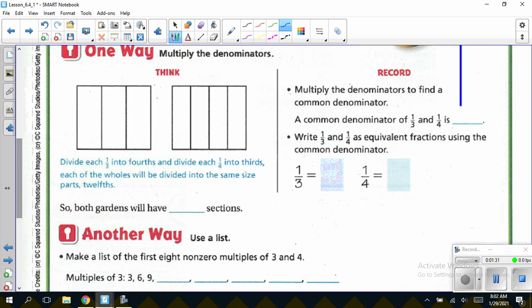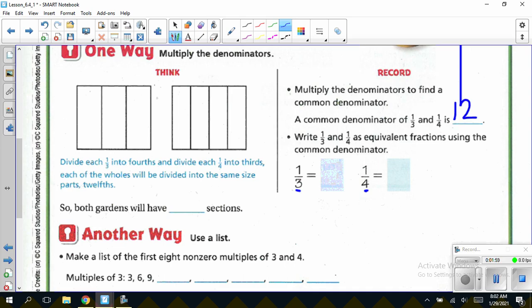Now when we do this method, this does not always give us the least common multiple between the 2 denominators, or what we would then call the least common denominator. So any common denominator can be found by multiplying the 2 denominators together. So if I'm taking the denominator of 3 and 4, 3 times 4 is 12.